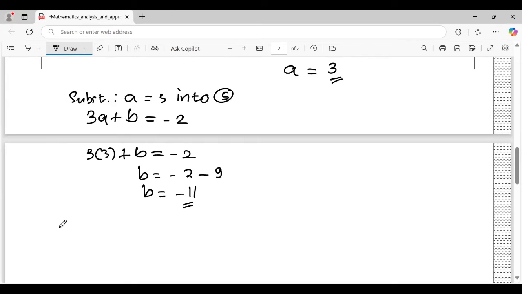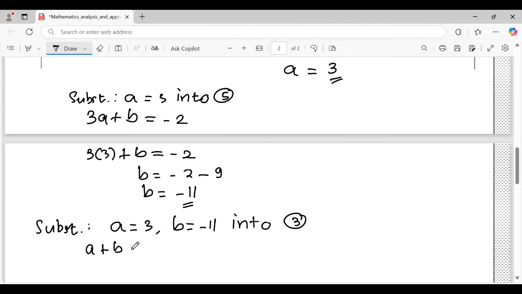Now we're going to substitute a equals 3, b equals minus 11 into the third equation: a plus b plus c equals 0.